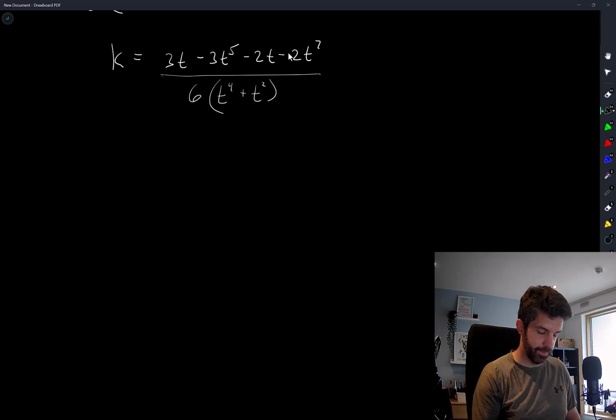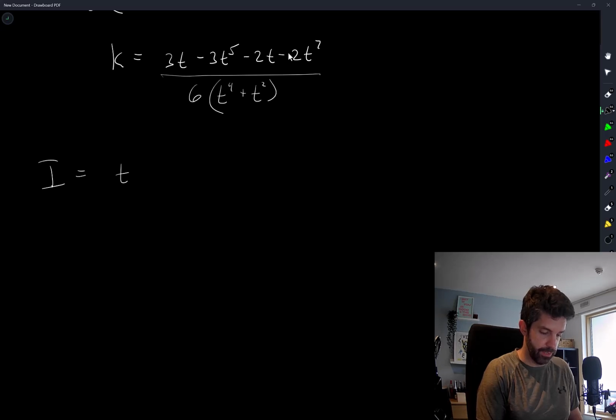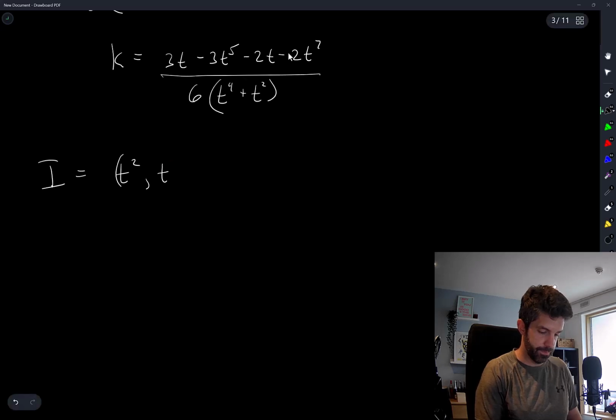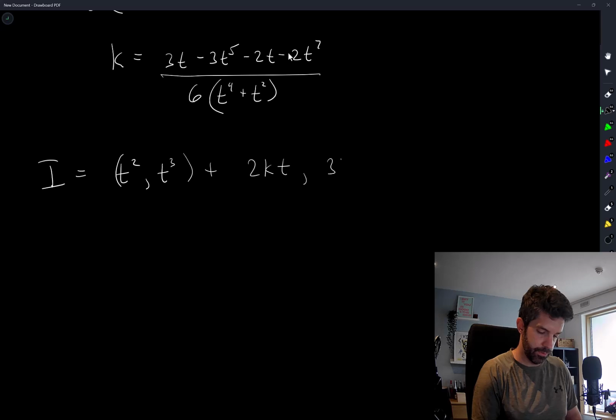Okay, well, the point of intersection, we'll call it I, is equal to (t squared, t cubed) plus (2kt, 3k t squared).